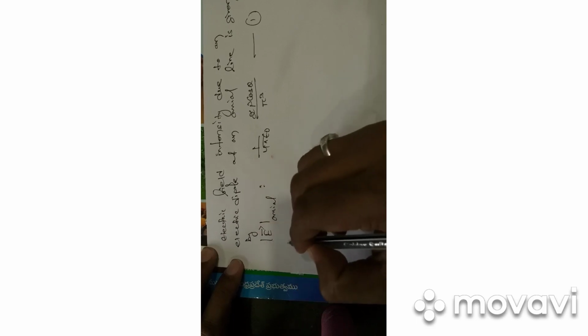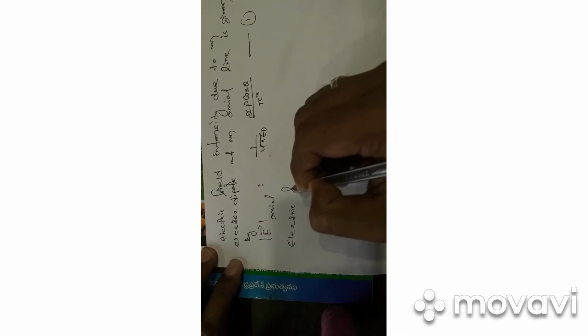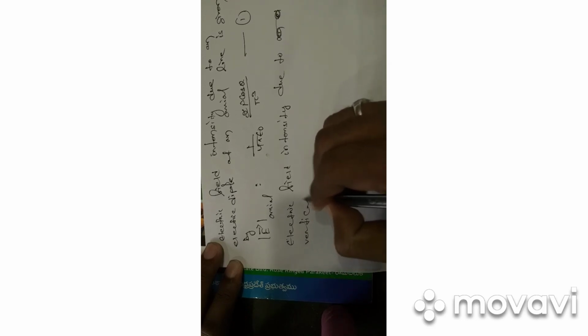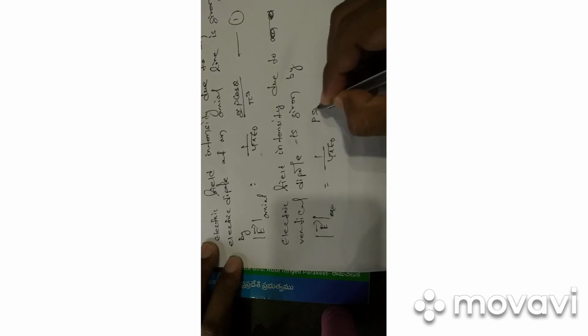Similarly, electric field intensity due to vertical dipole is given by E vector mod equatorial or vertical, given by 1 by 4 pi epsilon 0, P represented as P sin theta by r cube. Why does it become P sin theta?